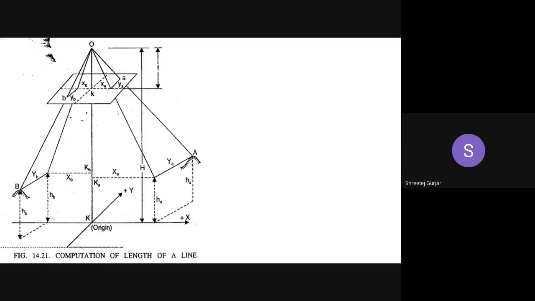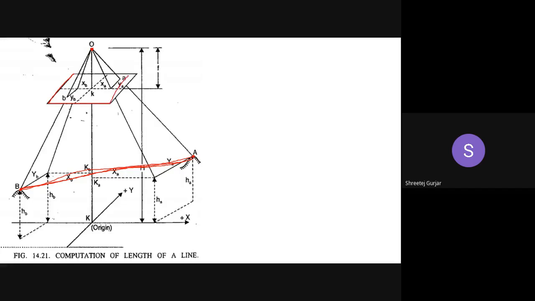The next important thing here is the derivation of the distance between any two points on a photograph. Suppose these two points are A and B. We want to know the distance between these two points. Now we are in remote sensing, wherein we are not going and measuring it using chain and tape. What we do is we fly, or we take a drone, and we take a photograph from this particular point and develop the photograph.